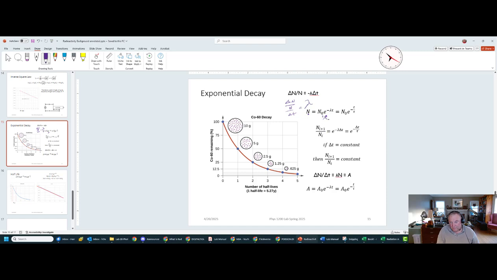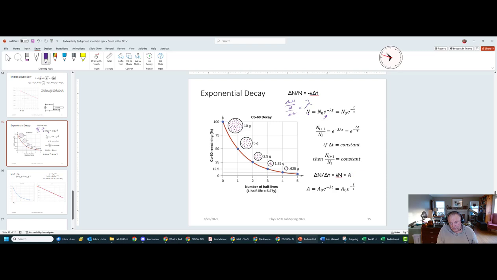Instead of calling it N sub 0, I'm going to call it N sub i, and then for every tick of the clock, and you could also just call that t sub i, in this case, you see that this fraction stays a constant. That's pretty neato.